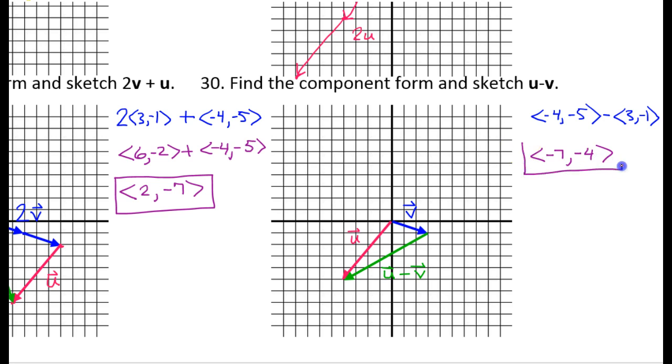Okay, so algebraically, we get the component form of u minus v. And now let's see how it matches what we got graphically. It should be left 7 and down 4. And you can see that vector u minus v does go left 7 and down 4.